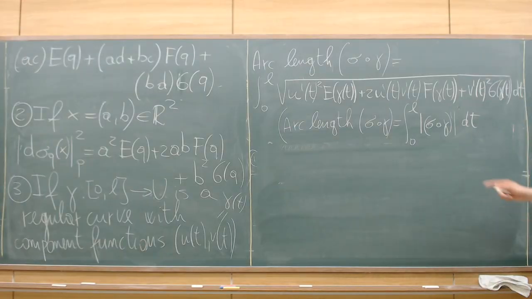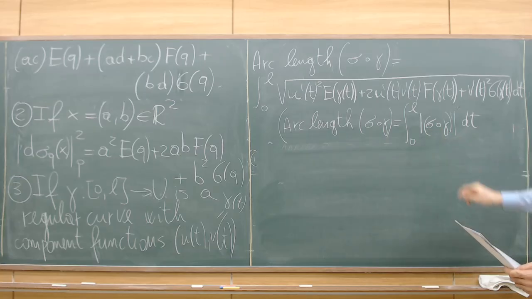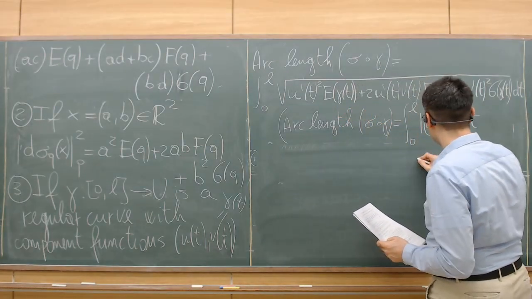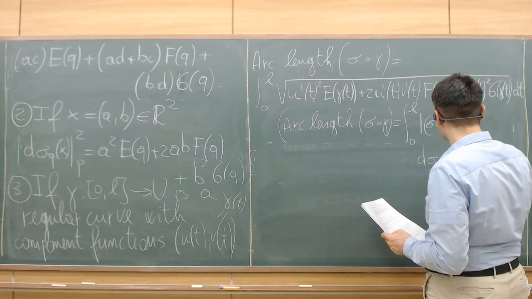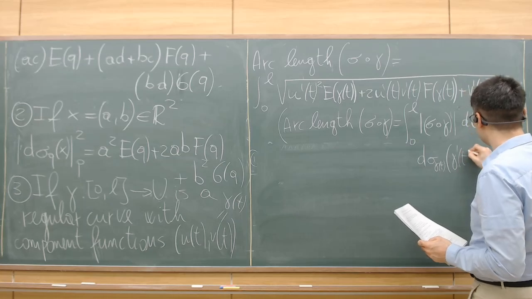But if you use the chain rule, what is sigma composed with gamma prime? It is just d sigma along gamma t applied to gamma prime t.